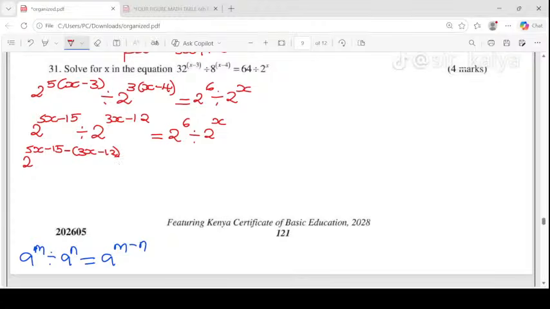This should be equal to, on the right, 2 power 6 minus x. We open the brackets on the left hand side. So this will be 2 to the power of 5x minus 15 minus 3x. But now take note of this: negative times negative 12 makes it become positive 12.